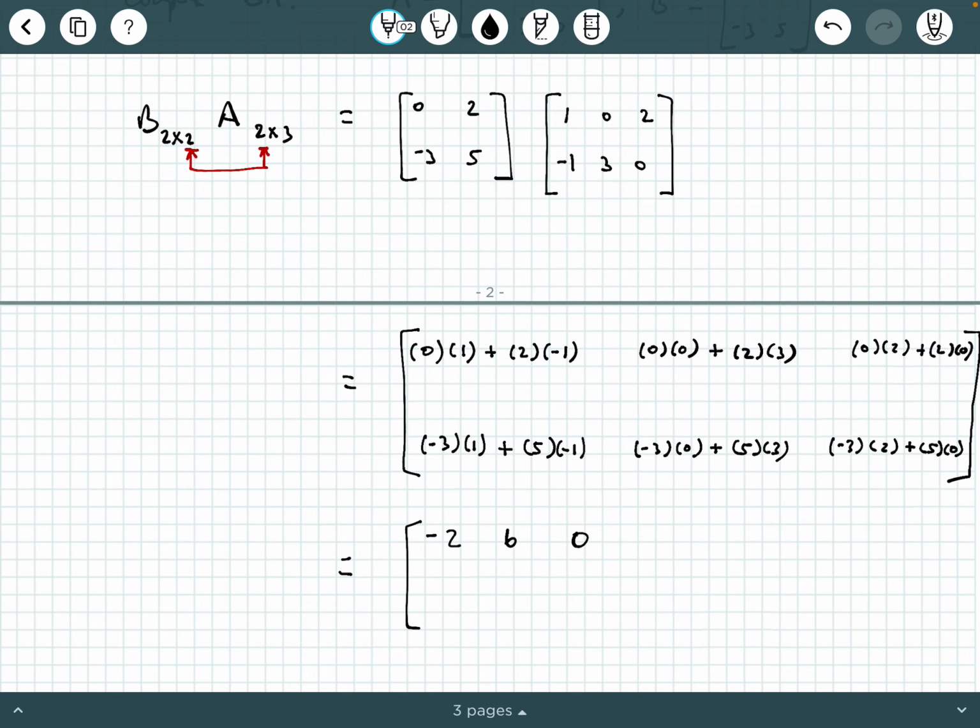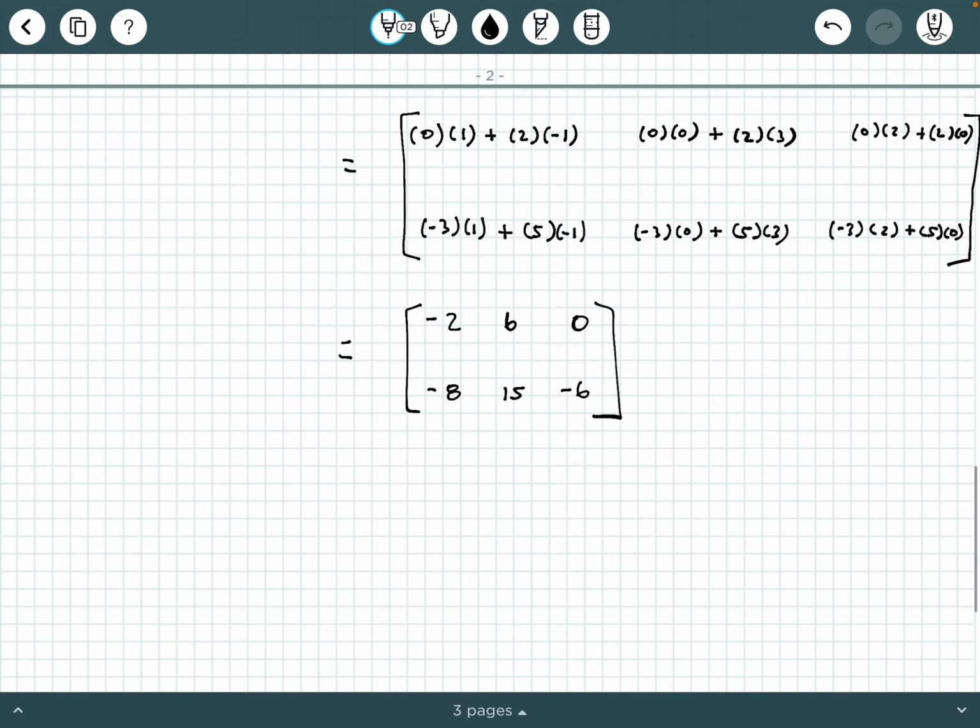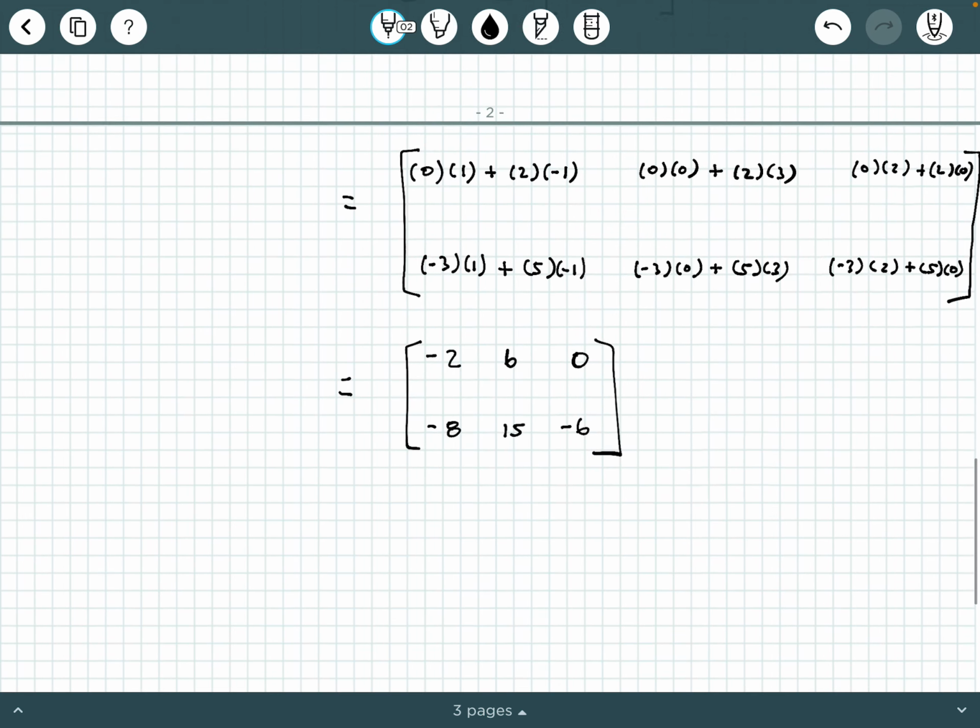The 2, 1 entry becomes, let's see, what's -3 minus 5, -8. Next we have 15, and last we have -6. So this is our product right here. So the product BA equals this matrix right here.